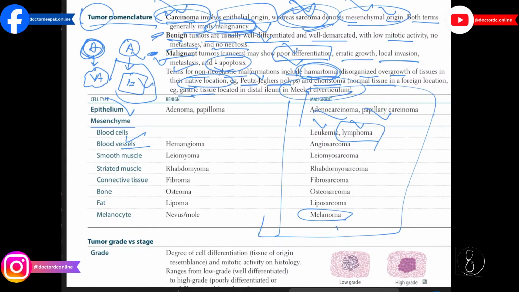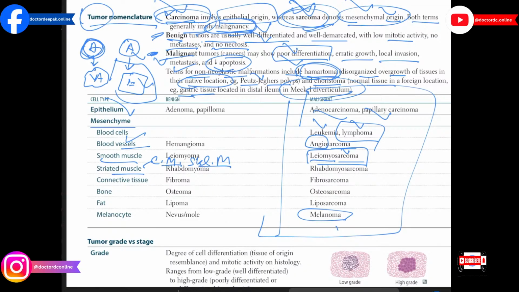If blood vessels grow abnormally and are malignant, angio means blood vessel and sarcoma means malignant growth, so the name is angiosarcoma. Leiomyo means smooth muscle, and if there is malignant growth, it is leiomyosarcoma. Striated muscle includes cardiac muscle and skeletal muscle.